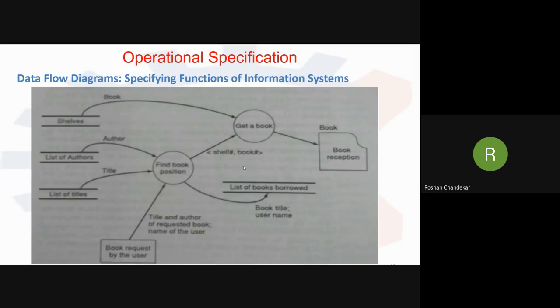Then the book reception is there, which is going to access that book, and there is a list of books borrowed by the name of book title. And here it is, the DFD that we have refined from the previous one. Are you getting it? So this is an example of a data flow diagram, where we flow data in the context of library management.